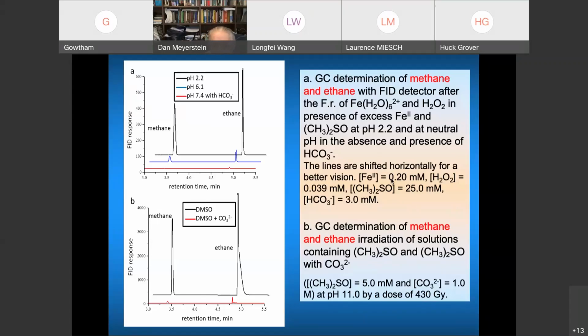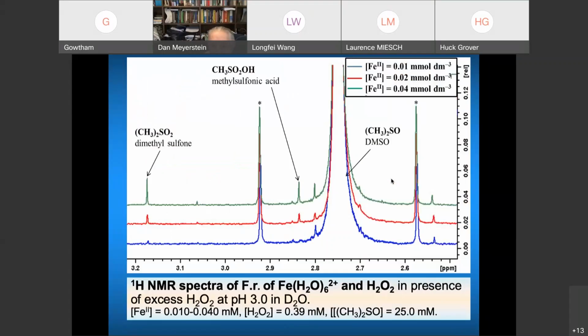On the next slide, we show the result for the reaction of iron 2 in acid solutions. Here we are at an acid pH 3 with excess hydrogen peroxide.